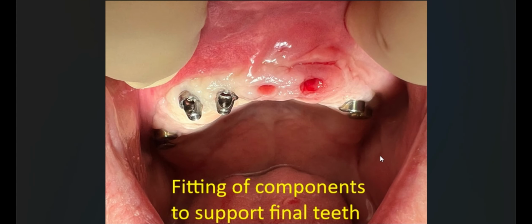So here, all the implants have then subsequently been placed and a period of healing has elapsed. And here are what we call the healing abutments. And today we're about to fit the components that will support the final fixed prosthesis, or fixed teeth, for the patient. And so here we fitted 2 components.